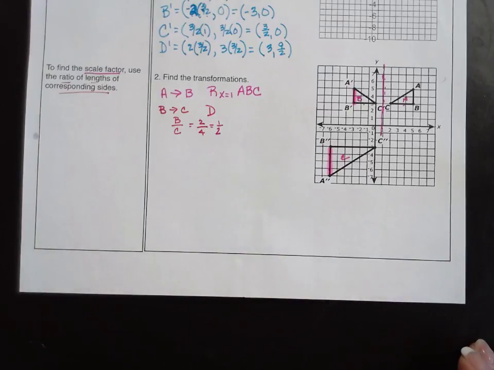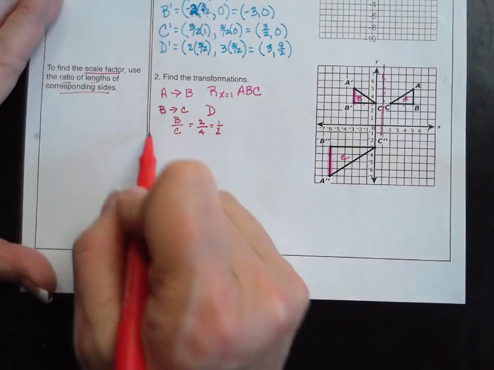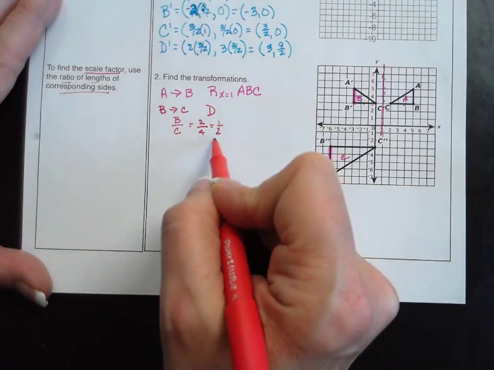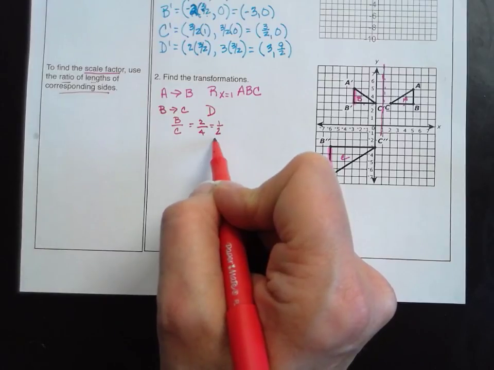Is that an enlargement or a reduction? 1/2. Going from B to C is an enlargement, but 1/2 would be a reduction, right? That makes it smaller.